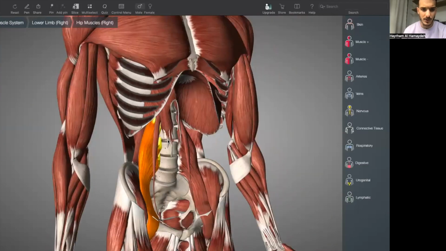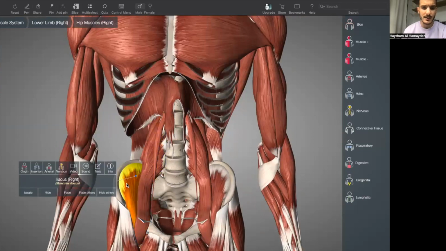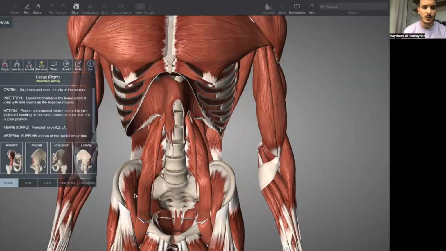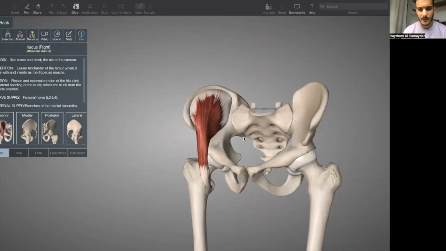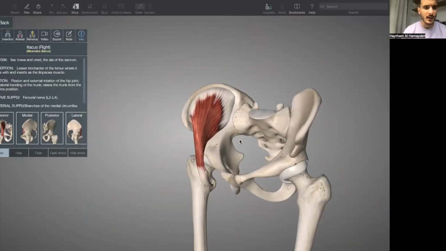Psoas Minor, Psoas Major, and now Iliacus. From its name, it's very closely related with the ilium of the pelvis, and so it covers the major part of the iliac fossa and the crest and the ala of the sacrum. It inserts onto the lesser trochanter of the femur.